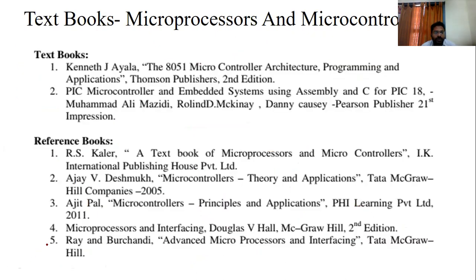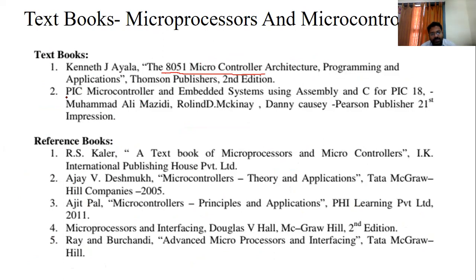Okay. Then see, we have different types of textbooks to read the microcontroller subject. These are some basic textbooks given by the university, so you can follow these textbooks. First one is Kenneth J. Ayala, for only the 8051 microcontroller. It is very helpful for this microcontroller.